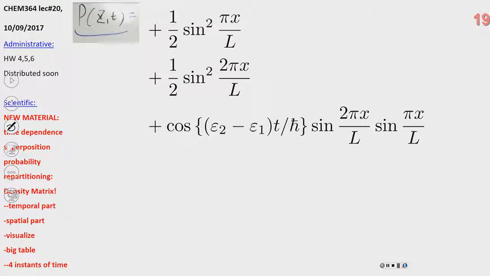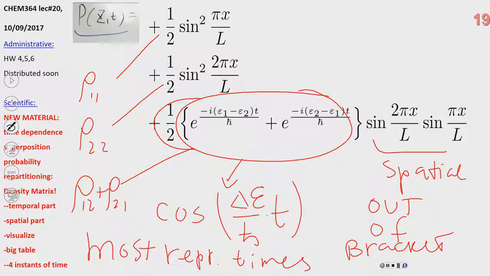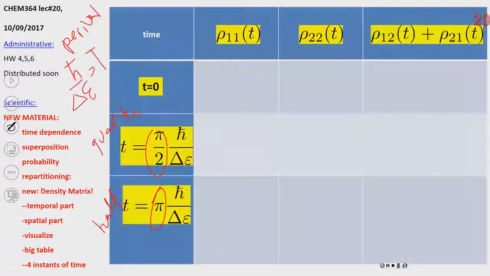See, the time-dependent part for row 1, 1 is 1/2, and it is not depending on time, so it will be 1/2 for any time period. Yes, thank you so much. See, it's not very complicated. So then for row 2, 2, we just have 1/2 again.